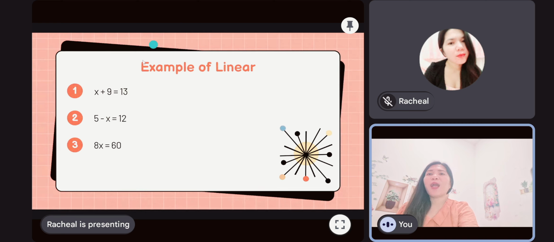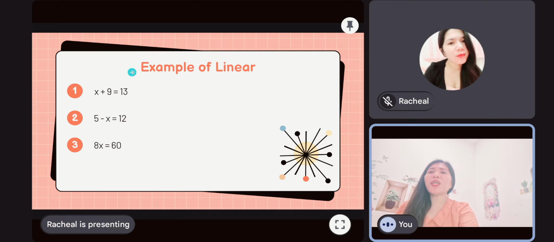Number one, x plus 9 is equal to 13. Number 2, 5 minus x is equal to 12. Number 3, 8 times x is equal to 60. So what do you observe with this equation?